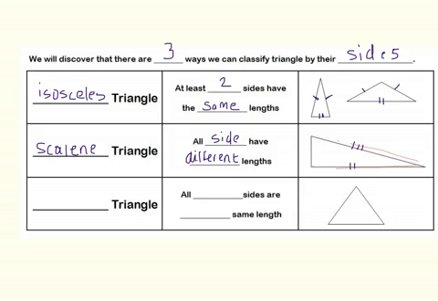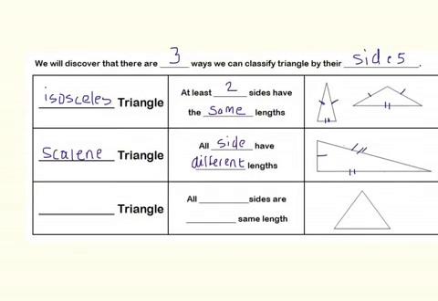So when we're talking about that, I'll put those tick marks back on there. When we're talking about that, that is what we mean. The length of the sides. And our last one is called an equilateral triangle.